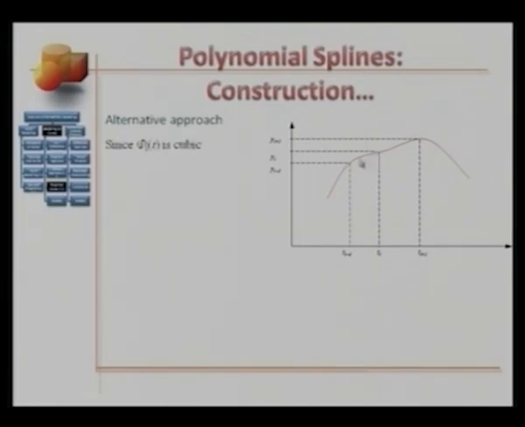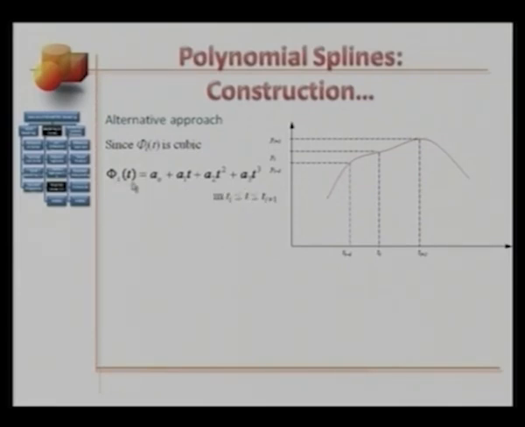Since each segment over here, represented by phi i, is cubic, I can write phi i in this form as a function of parameter t. Phi i is equal to a0 plus a1 times t plus a2 times t squared plus a3 times t cubed. a0, a1, a2, and a3 are unknown constants or coefficients.